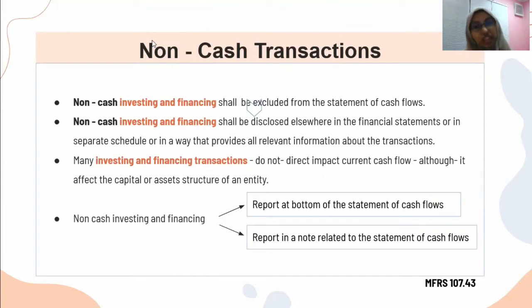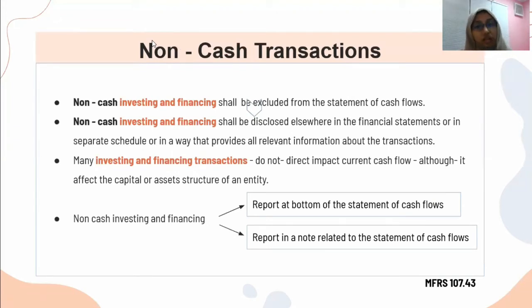Non-cash investing and financing shall be excluded from the statement of cash flow and shall be disclosed elsewhere in the financial statements or in a separate schedule, in a way that provides all relevant information about the transaction.